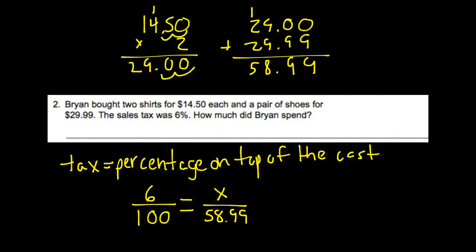And I'm going to go ahead and solve this. So I can take 6 over 100 and simplify that to 3 over 50. So 3 over 50 equals x over $58.99.